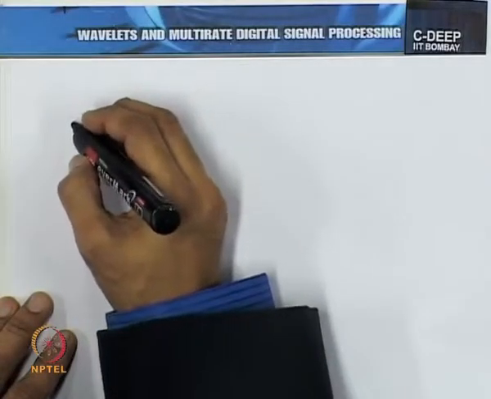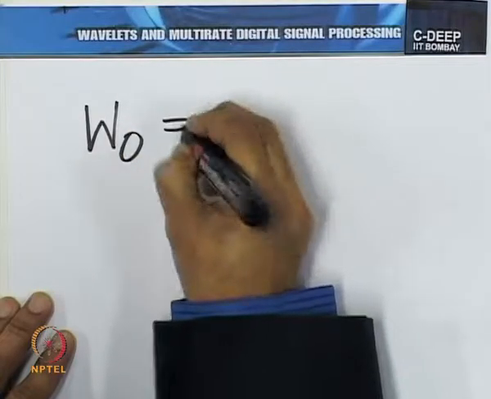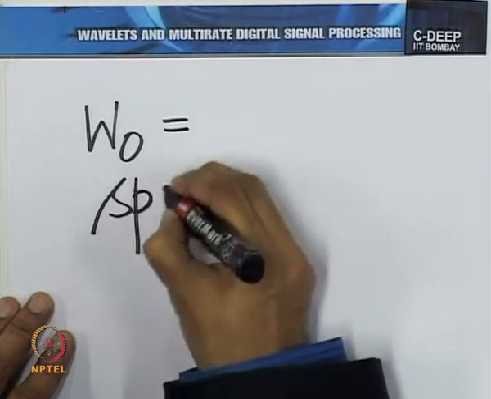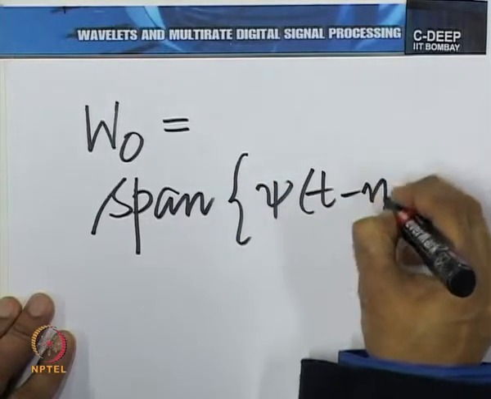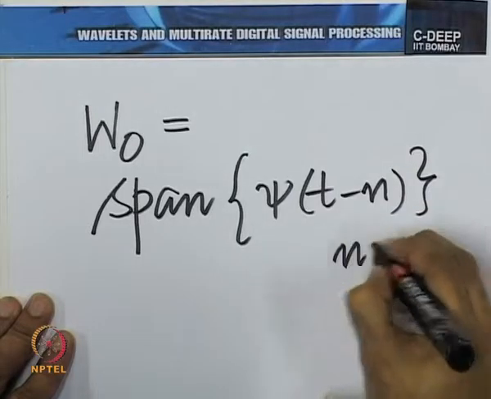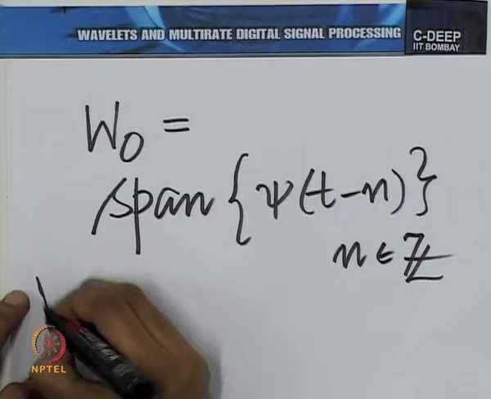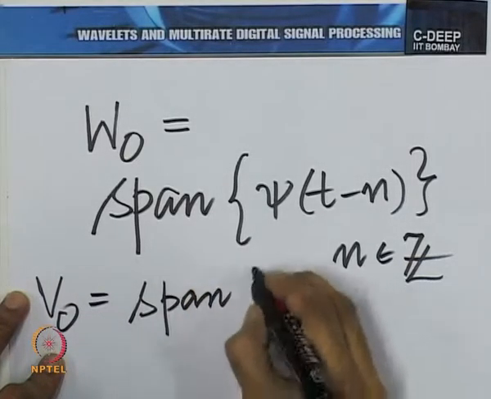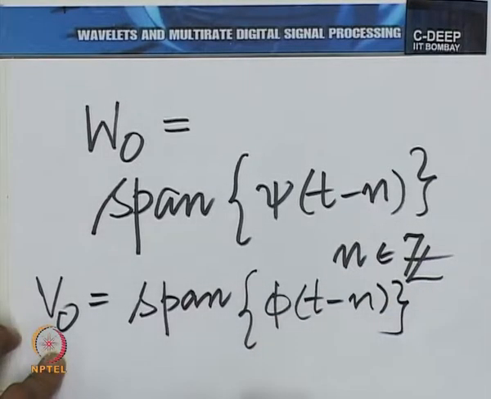So, we said that we have this space W 0 given by the span of psi t minus n, n over all the integers, and V 0 of course is the span of phi t minus n for all integer n.